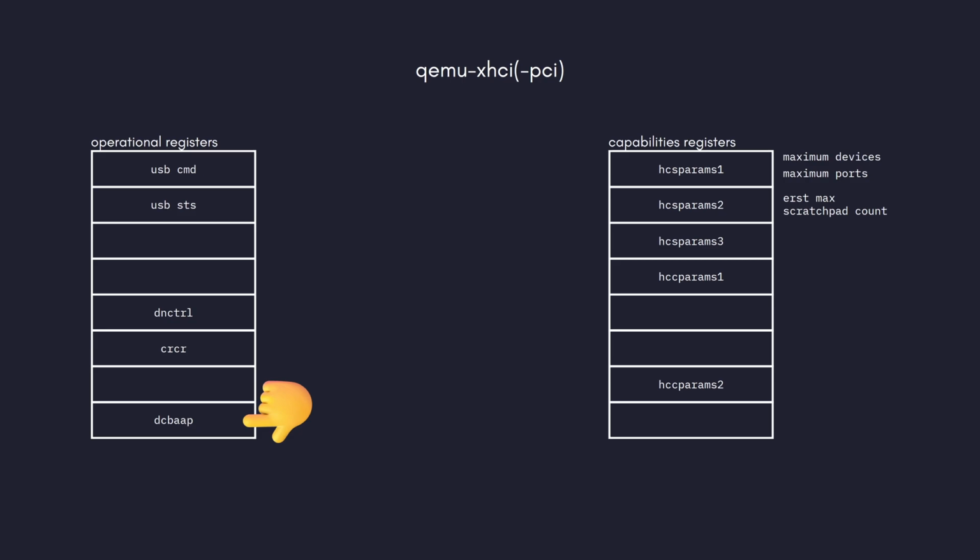So this is just a table with pointers to those contexts for each of the devices that are connected. And it also contains a scratchpad, which is the scratchpad count that we care about. I'm not entirely sure what the scratchpad is used for because the scratchpad count is actually 0 on QEMU XHCI. So I didn't really use it, but technically the first entries of the DCBAAP are the scratchpad.